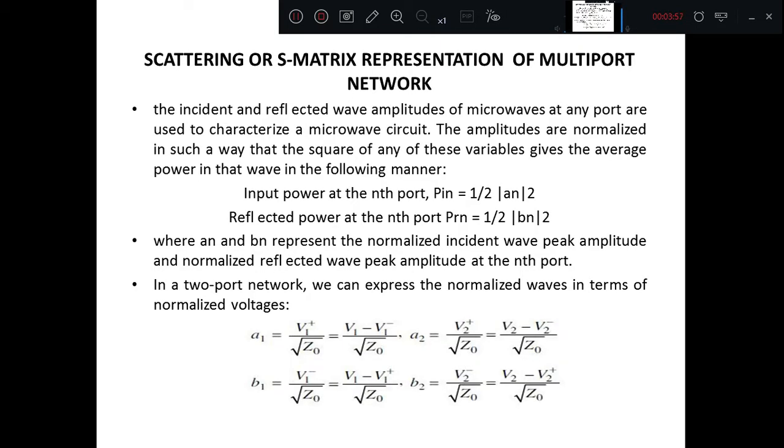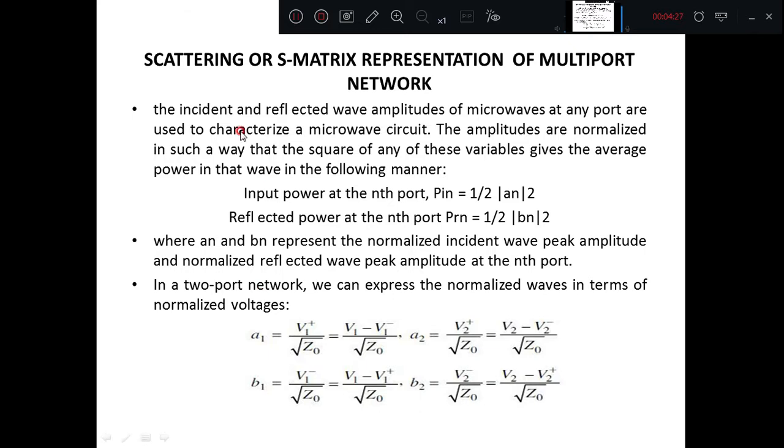And here, a very important topic in this chapter is the scattering or S matrix representation of a multi-port network. In the previous video, we discussed the need for the scattering matrix. In this scattering matrix representation for a multi-port network, again we are going to consider two types of waves with corresponding amplitudes.